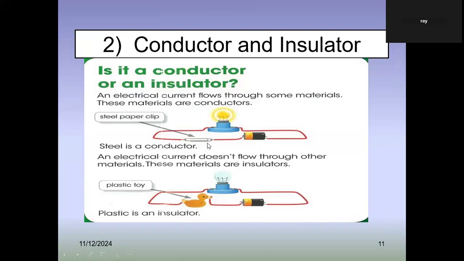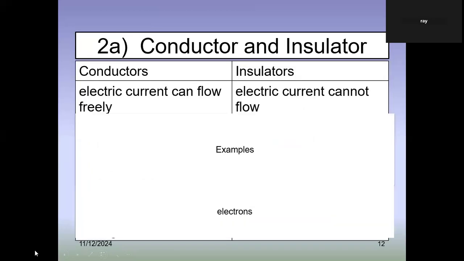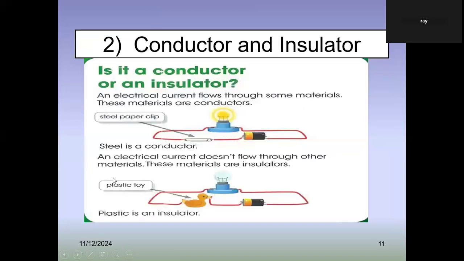Then we come to conductor and insulator. How do we know it's a conductor? Electric current will flow when there's a battery and a bulb. We can show that by connecting a paper clip or steel to the terminals, and the light will light up.